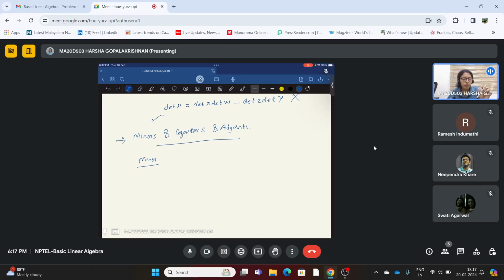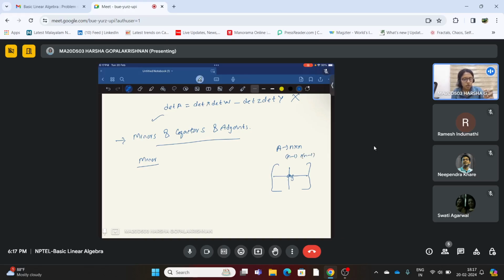Okay, so what minor is, if we have some matrix, suppose Aij is some entry in the matrix. We will delete the corresponding column and corresponding row of Aij. In which column it lies, we will delete that, and in which row it lies, we will delete that. So the remaining one, A is an n by n matrix, so after deleting one row and one column, the remaining one is an n minus 1 by n minus 1 matrix.